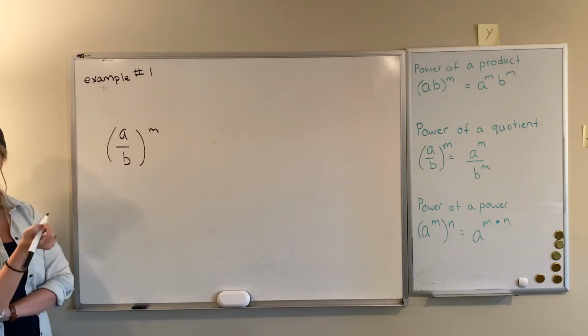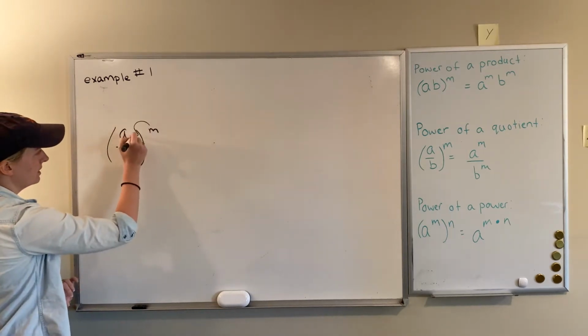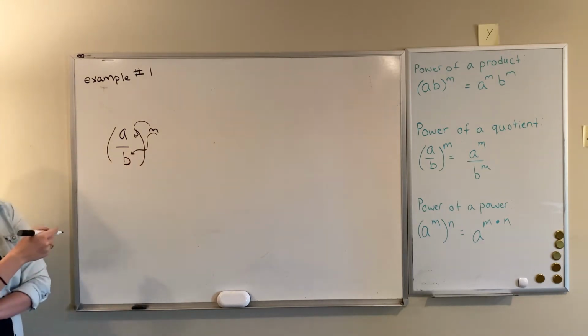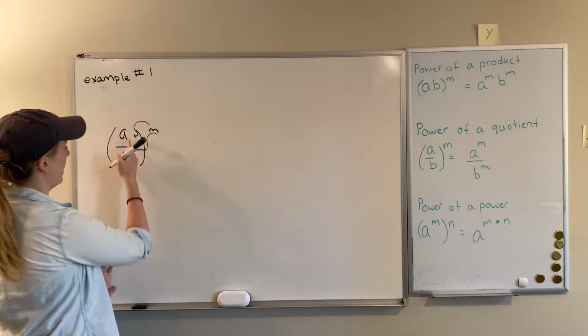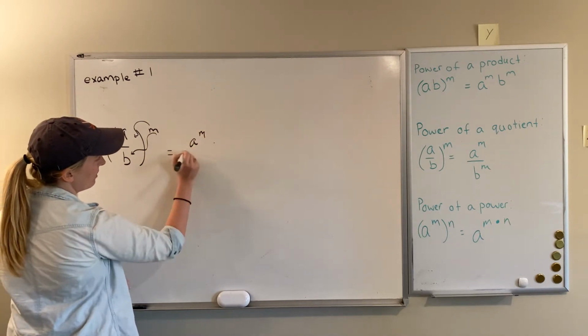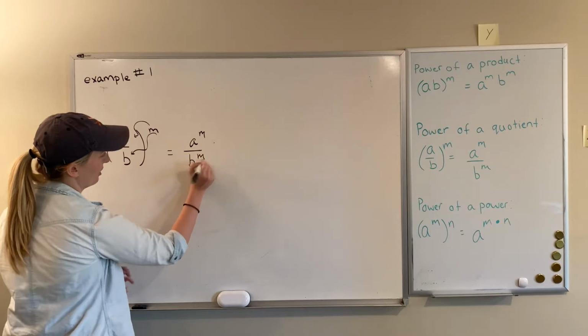And same thing with the other one. Basically, they're just saying, take your power and distribute it to both your numerator and your denominator. So a over b raised to a power of m is equal to a to the power of m over b to the power of m.